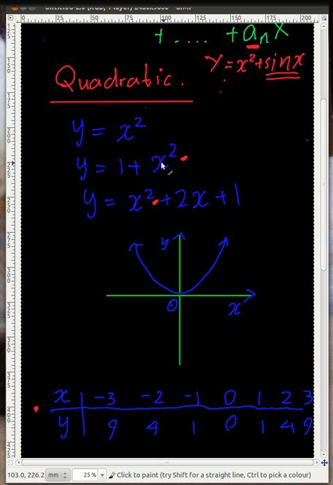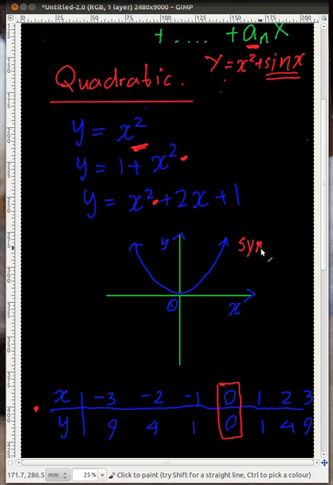And because we're plotting y equals x squared, what happens when I square x? -3 squared is 9, -2 squared is 4, and so on. If you can see, it's kind of symmetric about 0: 9, 4, 1, 0, 1, 4, 9. That's exactly what happens in the graph about the y-axis. It's this curve, and it's symmetric.